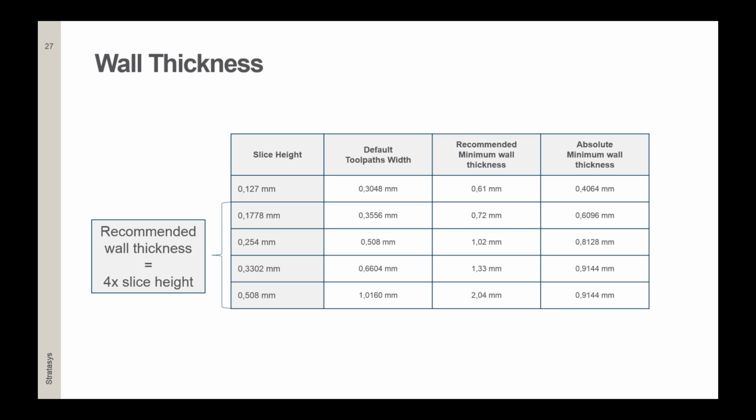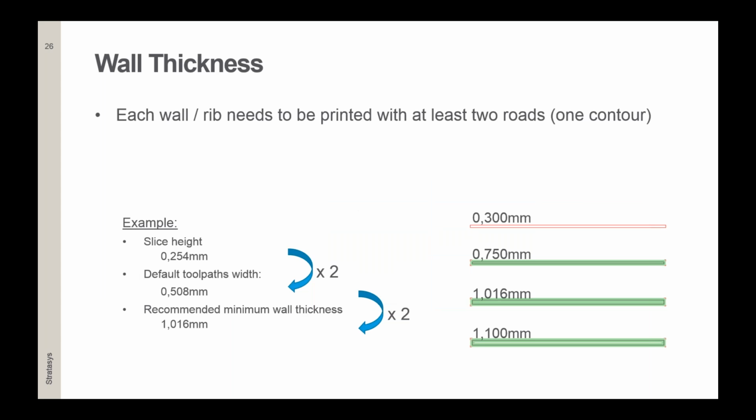So, Carlos, what happens if I have a file and load it into GrabCAD Print that does not apply these minimum wall thickness? Does the software tell the operator, hey, something is wrong here, or how does it work? Very good question. If designing thinner walls than recommended, there will be an overfill. In other words, toolpaths will overlap, so it will go 2 times over the same space, and walls will be thicker, and part quality can get much worse.